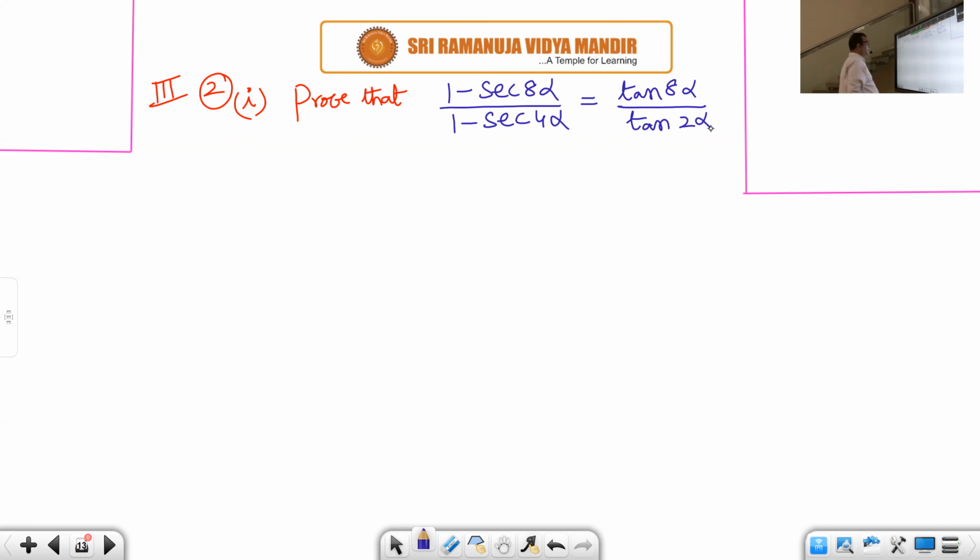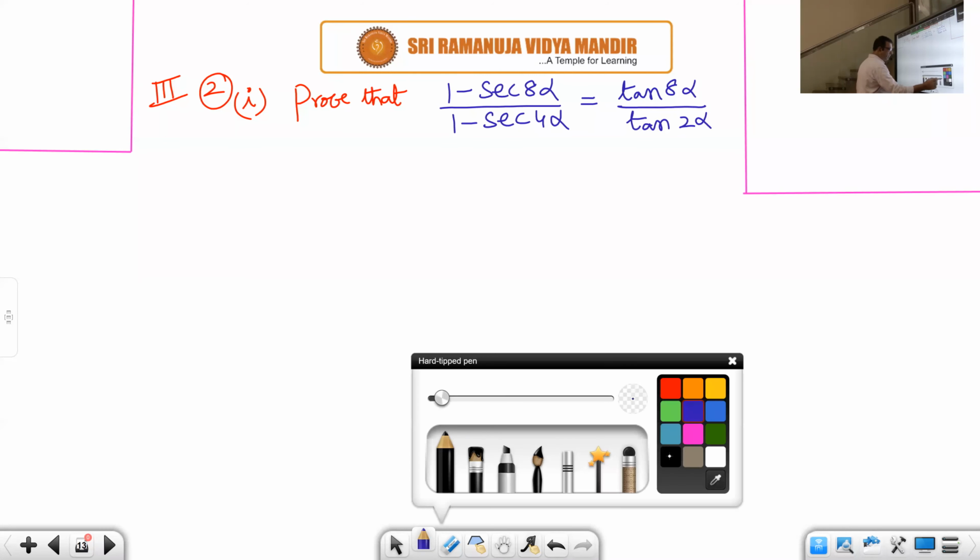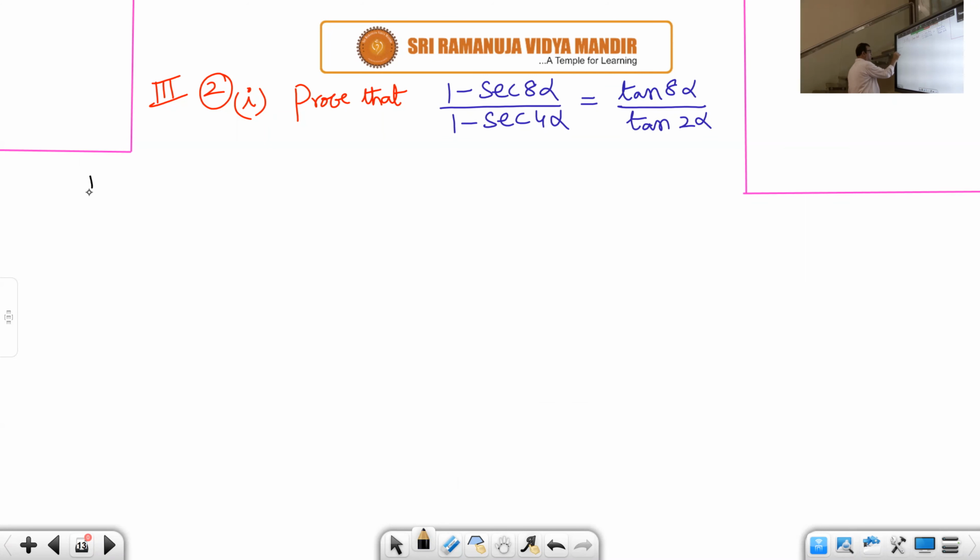Now I'll ask girl students. Tanmay, are you ready? Yes, sir. Okay, right. Let us start from the left-hand side. So 1 − sec 8α, I want to write in terms of cos 8α. So 1 by cos 8α.